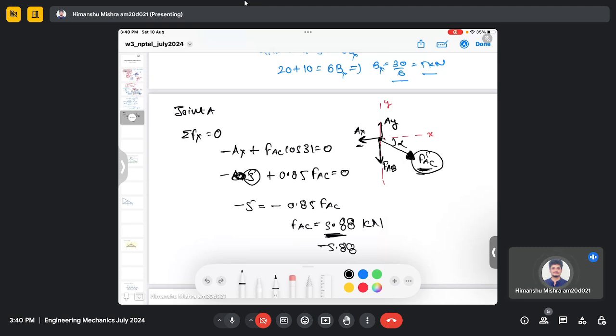But our assumed direction is correct here, and to determine whether the force in the member has the nature of compression or tension, you should always have one convention. Suppose this is your joint, and if the force is away from this joint, then it's a tension.